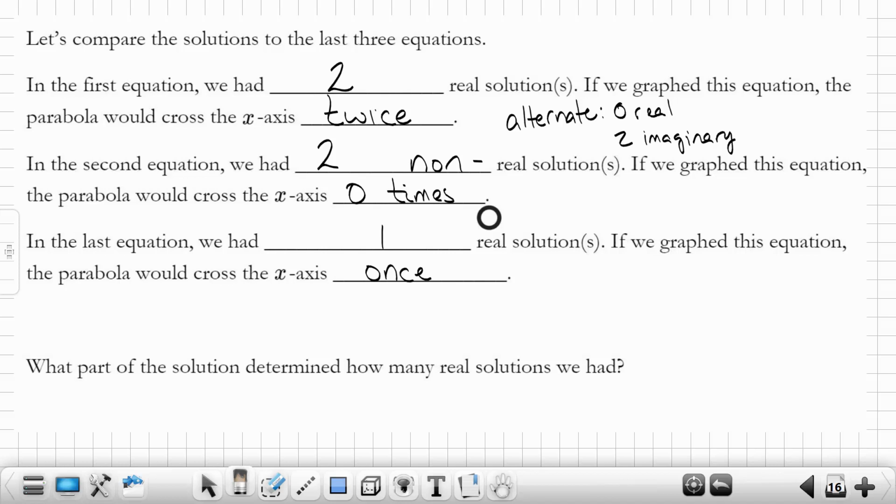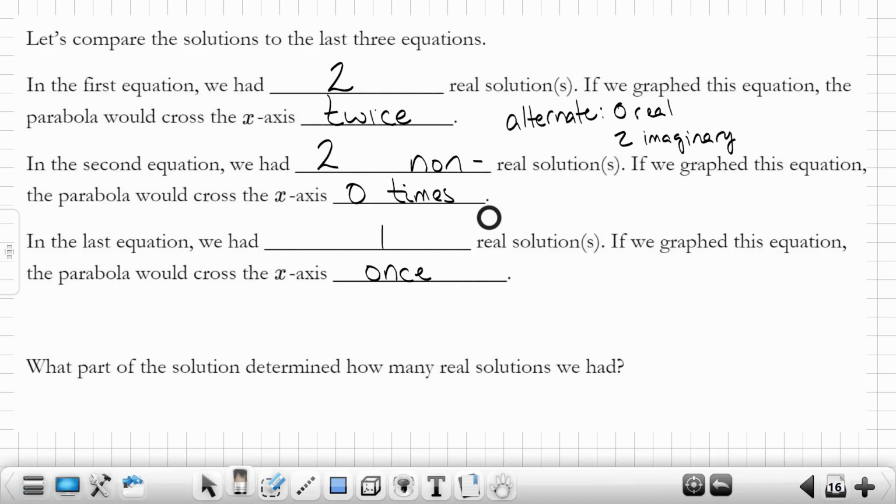Okay, guys. Refocus. These are three different types of solutions that we could have had in these quadratics: either two real, two non-real, or one real. What was different about each one that determined how many we got?